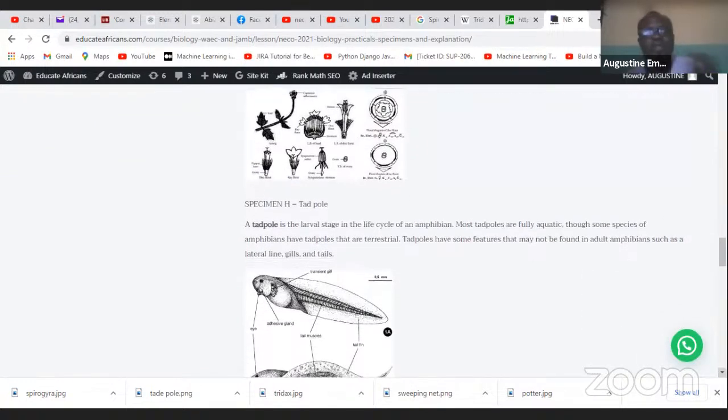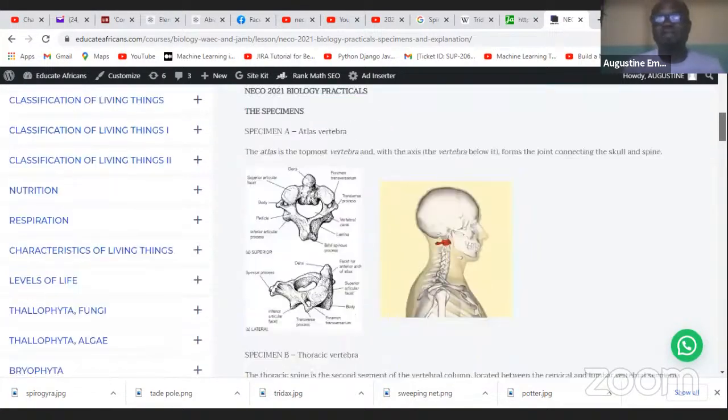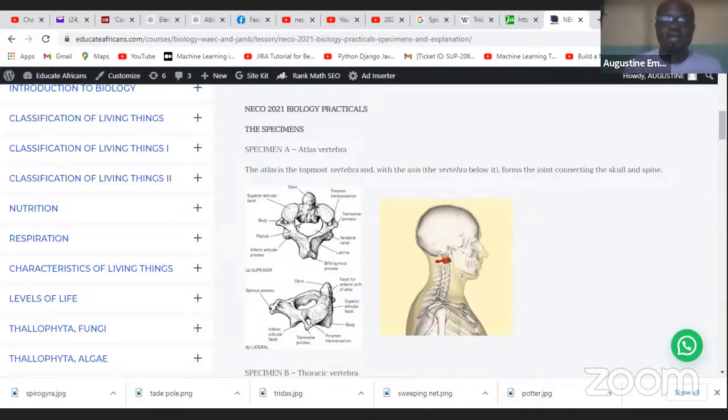So you can see these diagrams, you just have to know the diagrams. Once you're given the specimen, if you try to draw it the way it looks visually when you're looking at it, you might not get the actual diagram. So that's why it's good that you beforehand already know how you can sketch this.